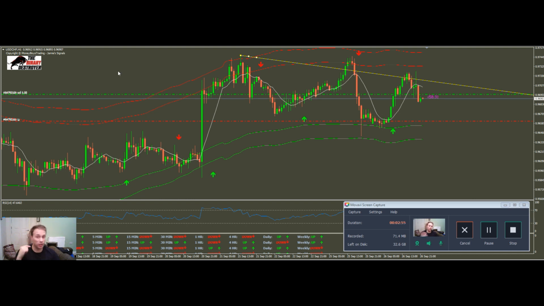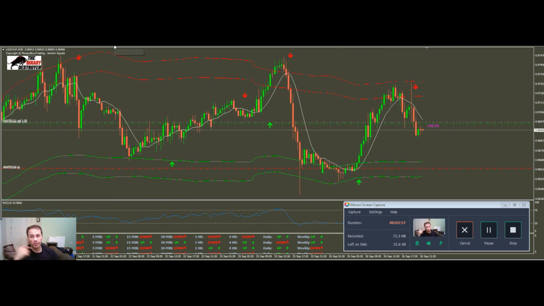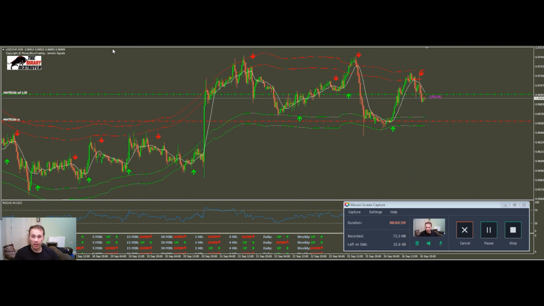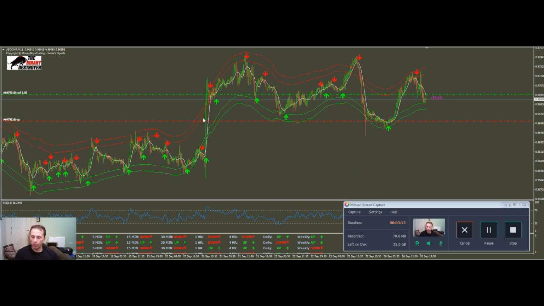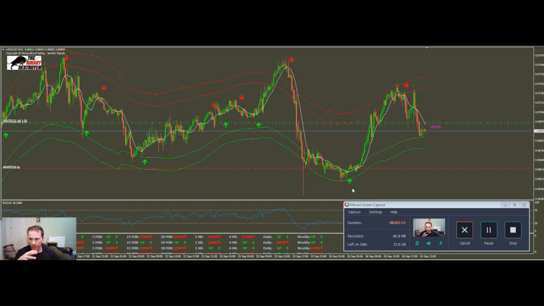This is where I start checking the lower time frames, the 30-minute and the 15-minute time frames. We're currently on the 15-minute time frame, and this is where I took my trade, because I can see some nice movement, and when the price is in the buy and sell zones and the signal arrows appear, they are pretty much like gold dust.